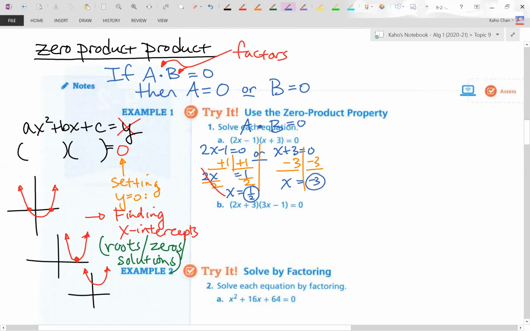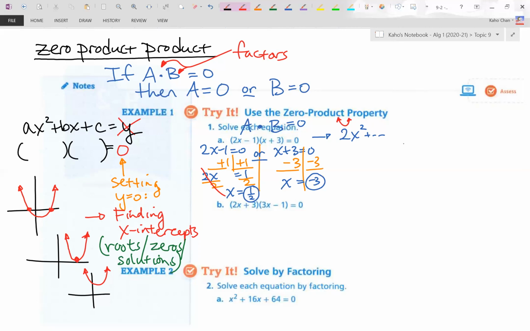So going back to the whole idea of a parabola, if I were to FOIL this particular problem, 2x minus 1 times x plus 3, I will get a positive a value, or leading coefficient, 2x squared, which means this parabola opens upwards because my a value is positive.